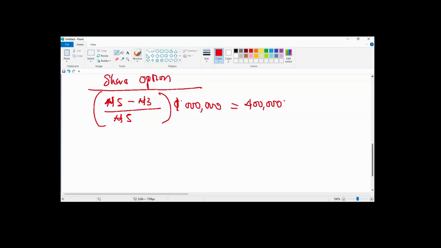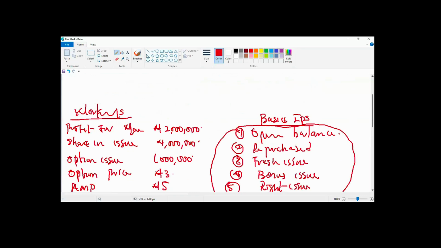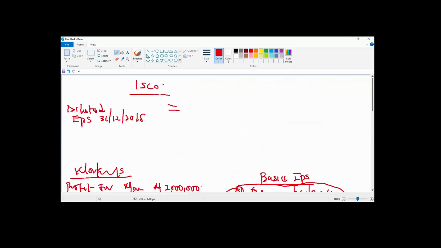I just want us to quickly end the topic and go to group accounts, and I want to do justice to it as much as I can. So we have gotten our option figure to be 400,000. What is the earnings for the basic? 2 million plus 0.